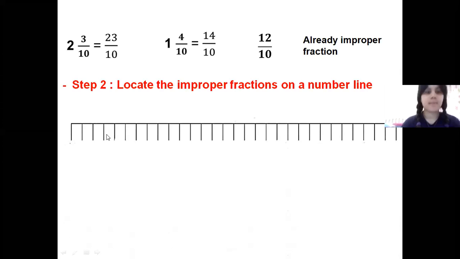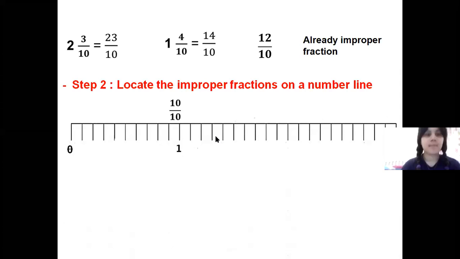This is a very long number line, starts with 0, then 1, 2, 3, 4, 5, 6, 7, 8, 9, 10, then we put 1. Count another 10, 1, 2, 3, 4, 5, 6, 7, 8, 9, 10. Then we will put 2, and then another 10, then we put 3.